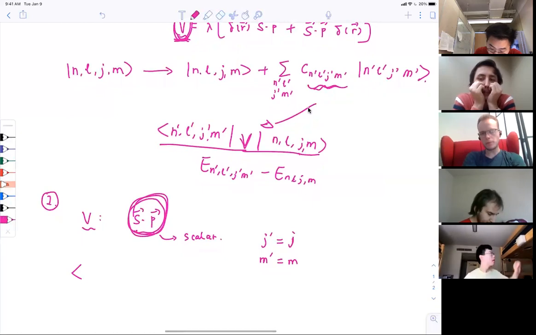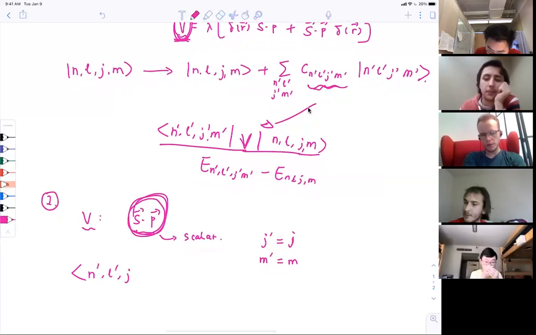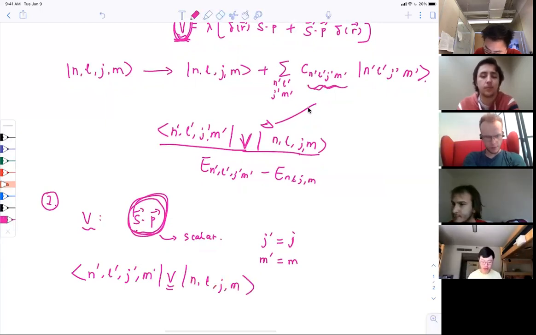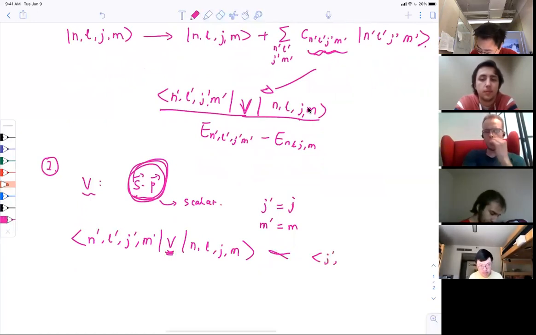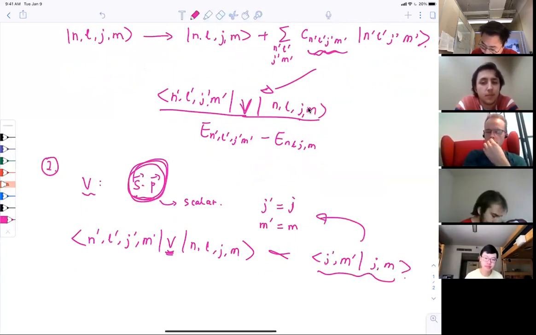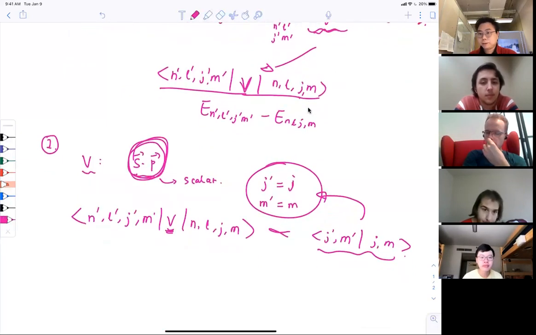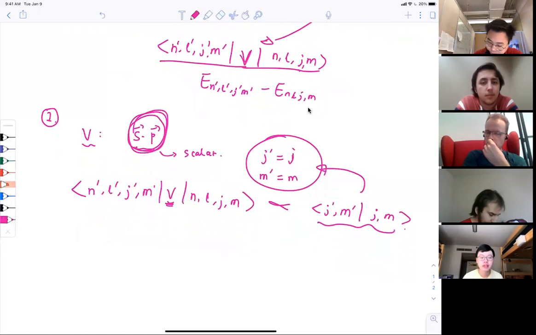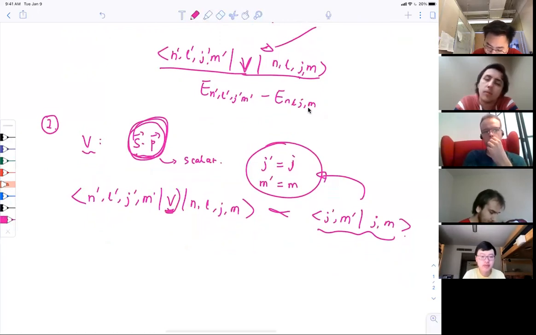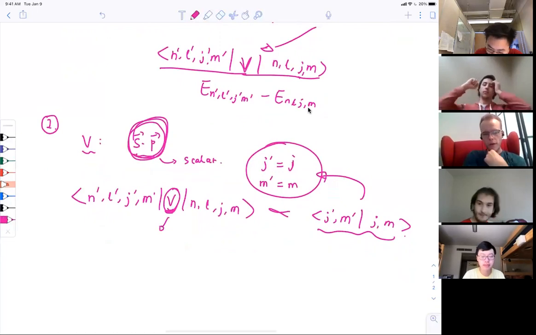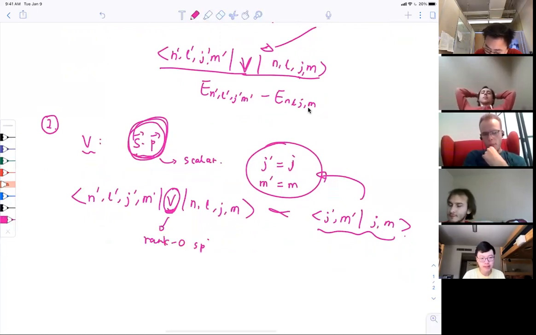Because, okay, let me write this. Because this V is a scalar, then this is proportional to the overlap of J prime, M prime with J, M. This would tell us this constraint, right? Can you explain it again? Okay, so V is a scalar, right? It's like a rank 0 spherical tensor.